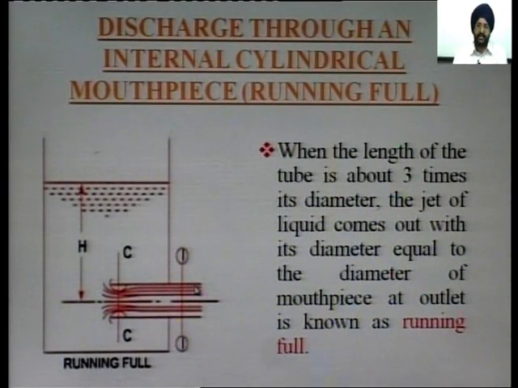If the length is 3 times the diameter of this mouthpiece, the diameter of the jet of the liquid coming out of it is equal to the diameter of this mouthpiece. Now, this water is touching the sides of this mouthpiece. That is why the diameter of this jet will be equal to the diameter of the mouthpiece, and this condition is called the running full condition.